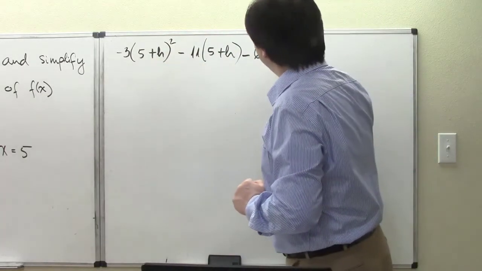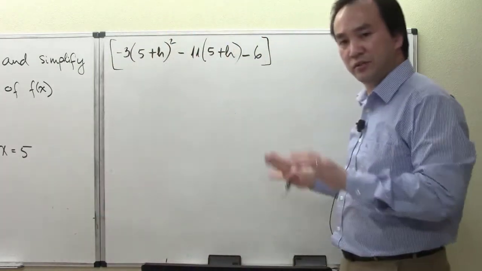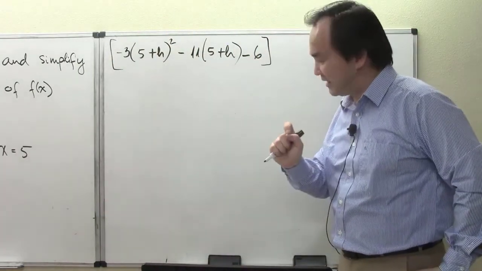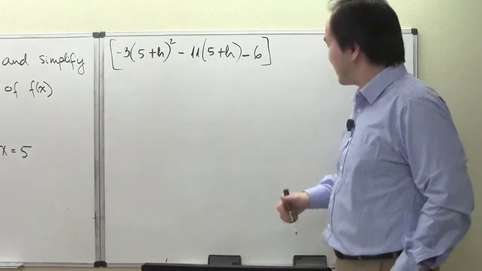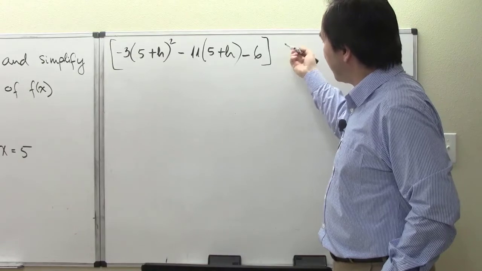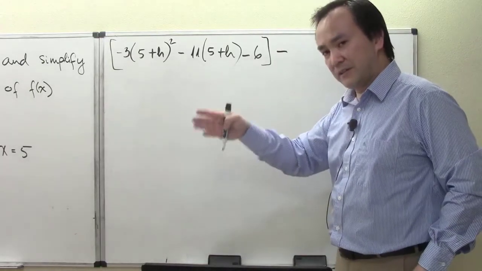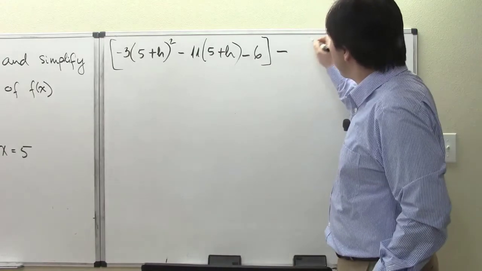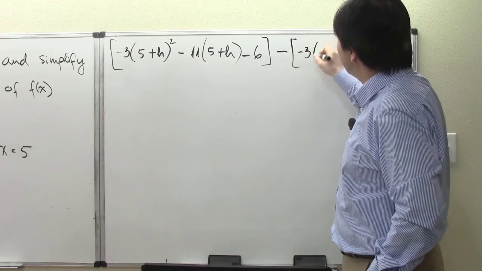Okay, and so now I'm going to close a pair of parentheses to group that as one term, f of 5 plus h. And now the difference quotient setup set, we need to subtract. And now here it goes, f of 5. And so this is how it looks. Minus 3 times input squared.